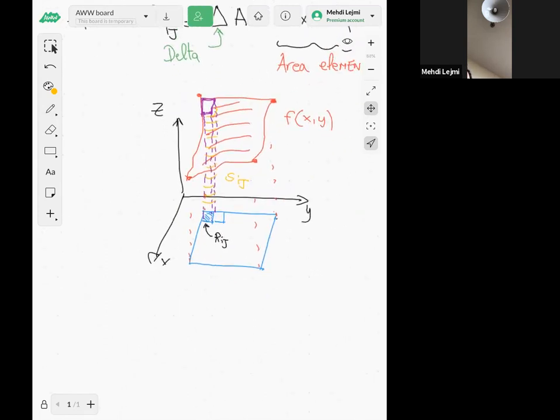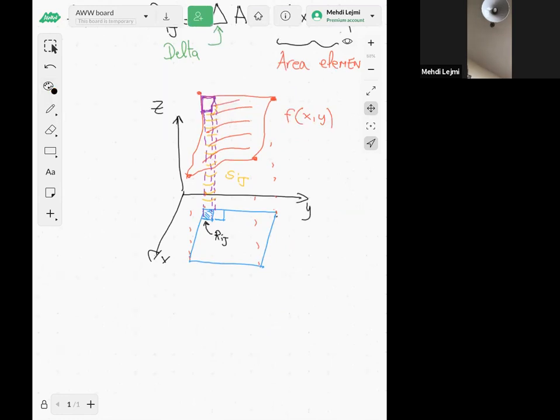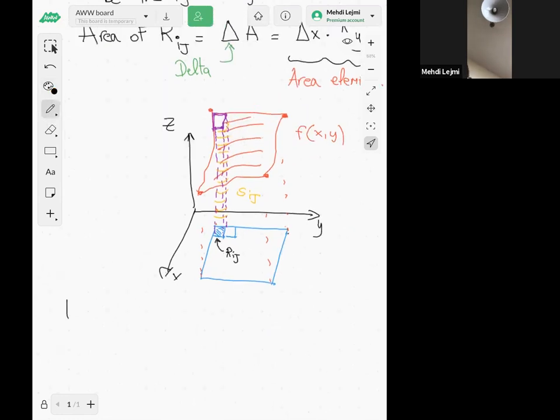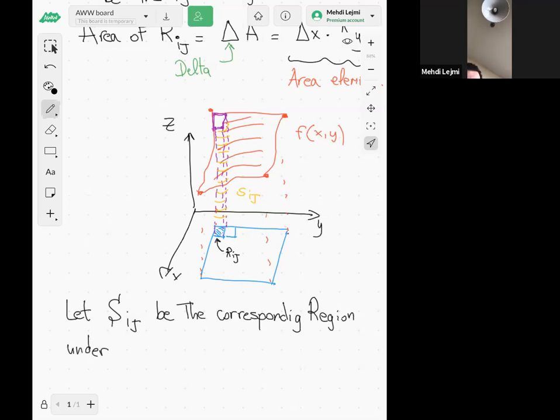Let S subscript ij be the corresponding region. I'm sorry, guys, my graph is not perfect, and again, if you have questions, just let me know. So this Sij is just the corresponding region under the graph of f of xy.